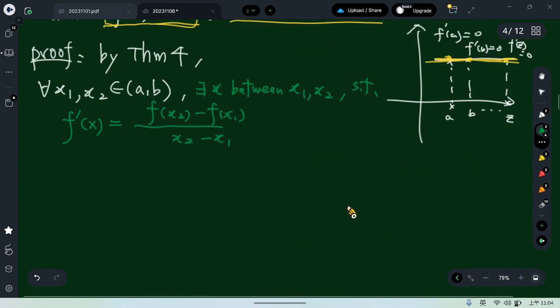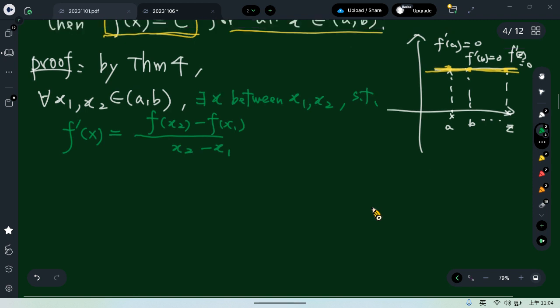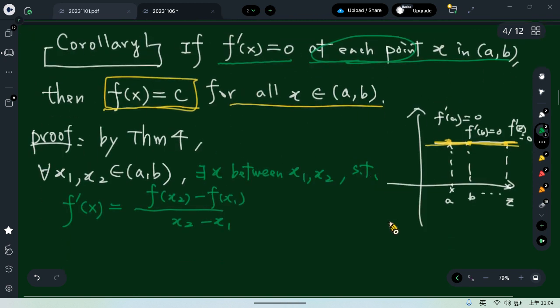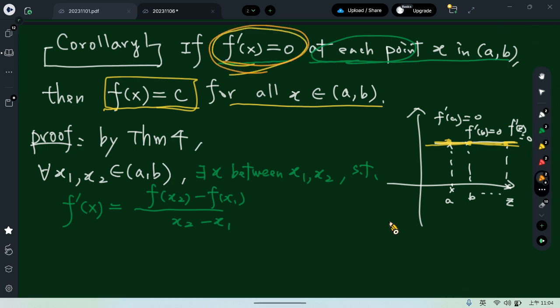Okay, and based on this statement, f prime x is always 0. So this equation will also be equal to 0 because of the statement.